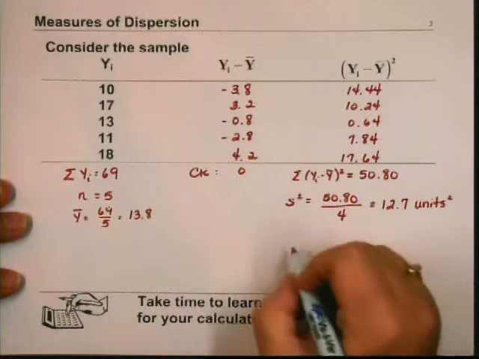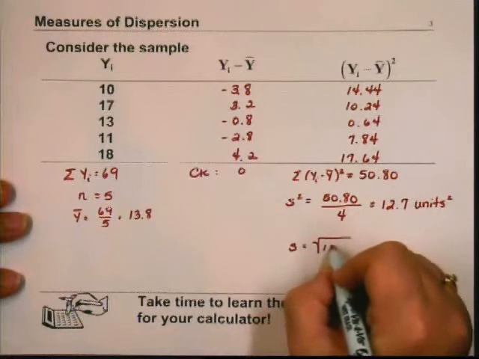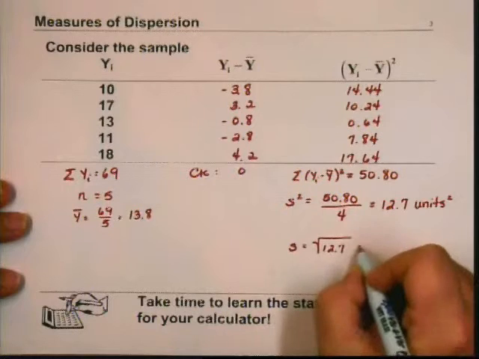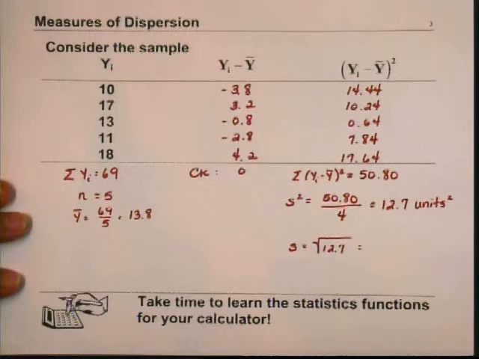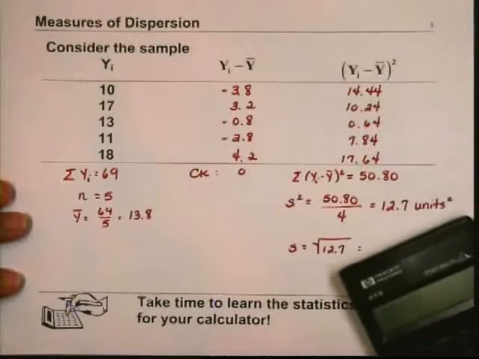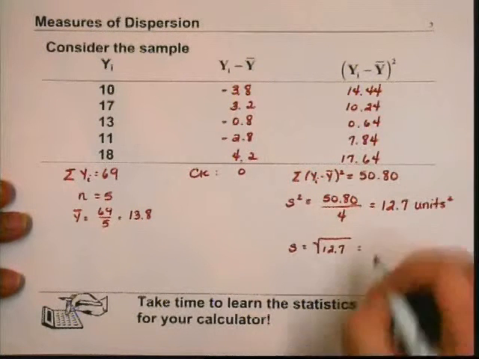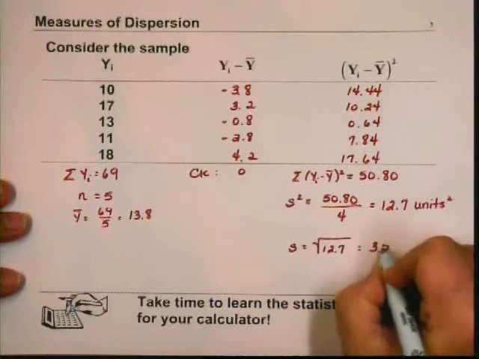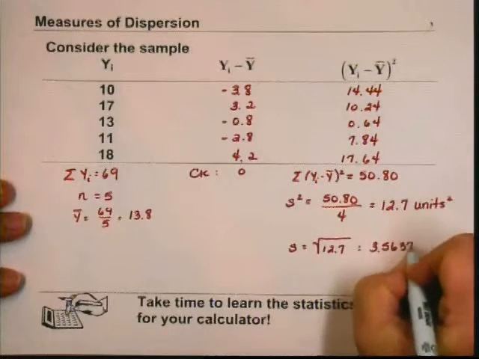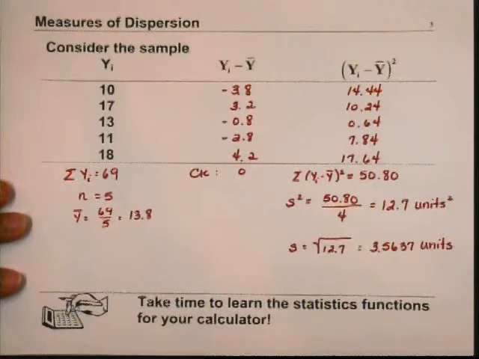And the sample standard deviation S would be the positive square root of this 12.7, which is about 3.5637. And just to emphasize here, whatever the units are, not squared.